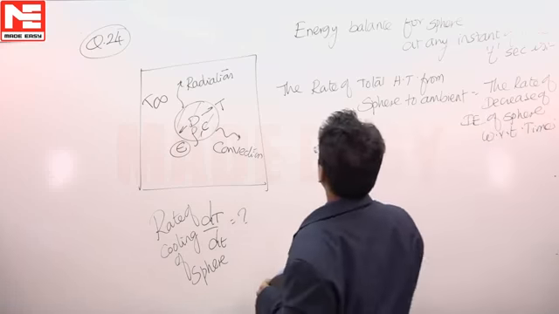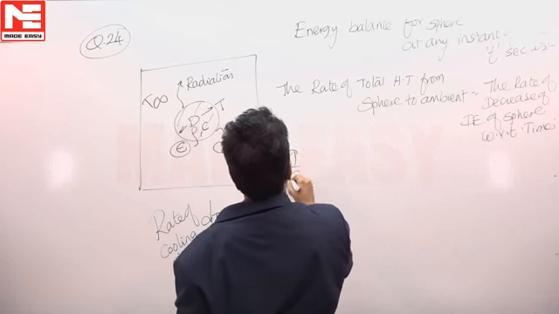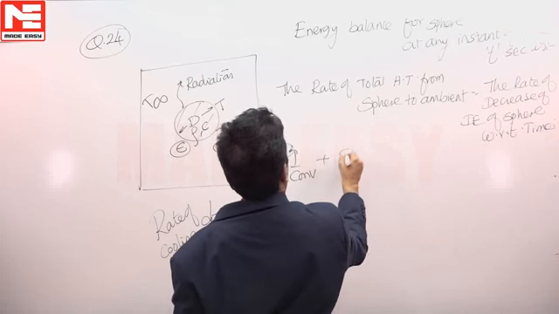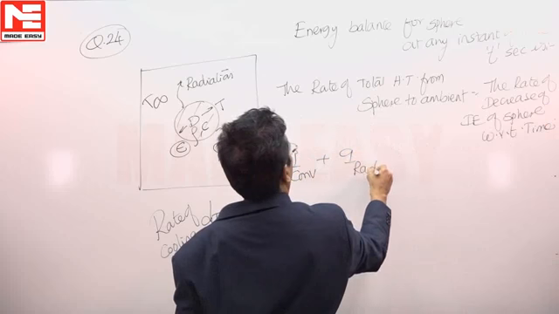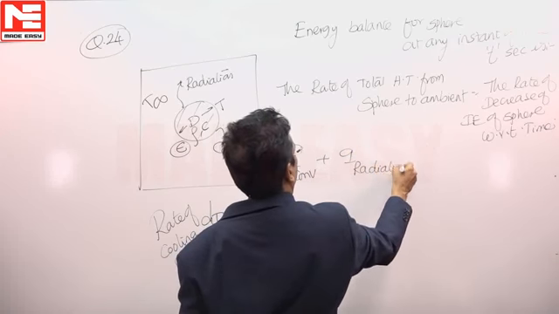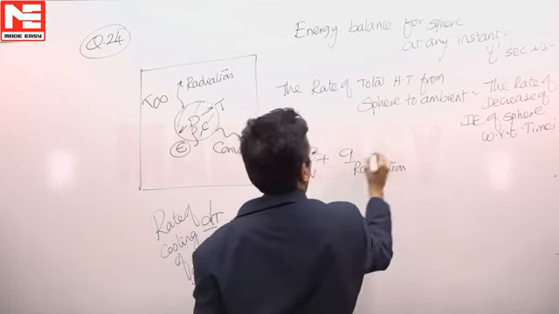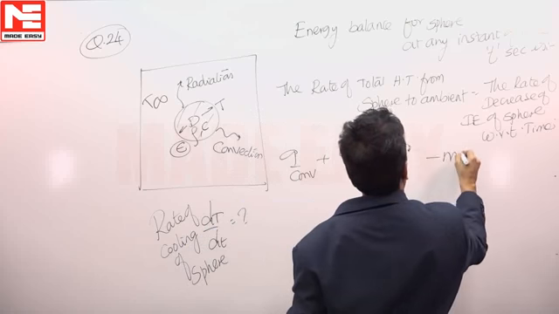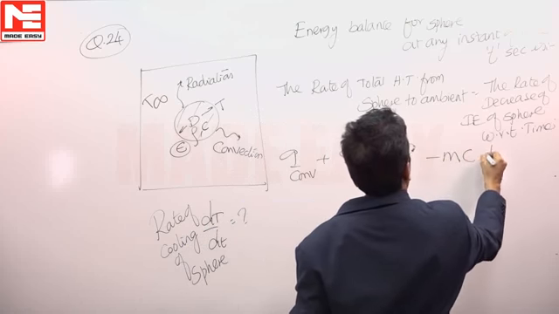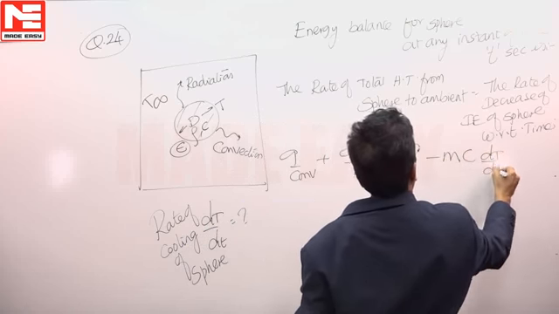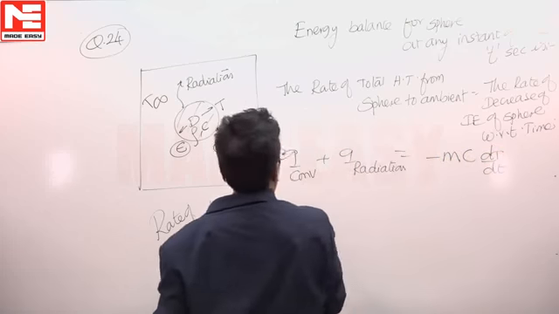What is the rate of total heat loss? Heat loss by convection plus heat loss by radiation. The rate of heat exchange by radiation plus the rate of heat transfer by convection should be equal to minus m c dT by dt. What is the rate of heat transfer by convection?